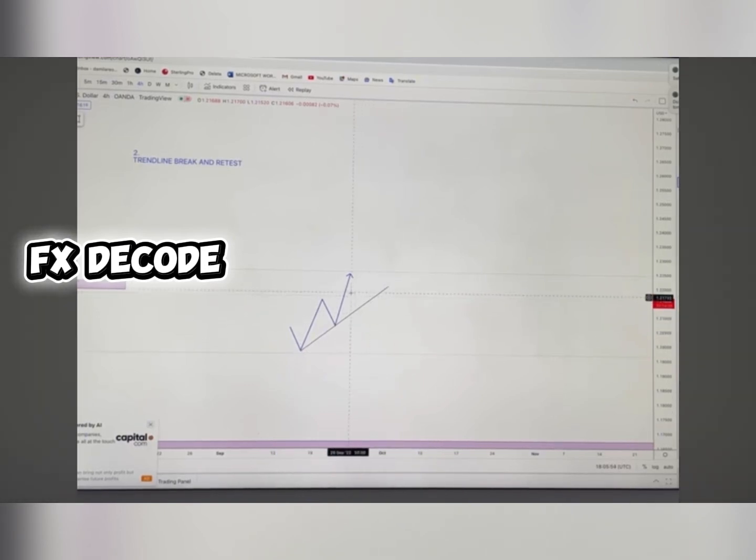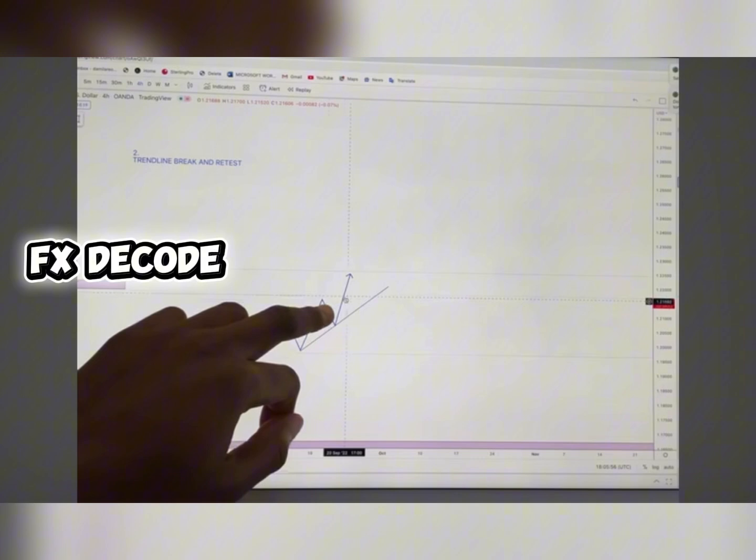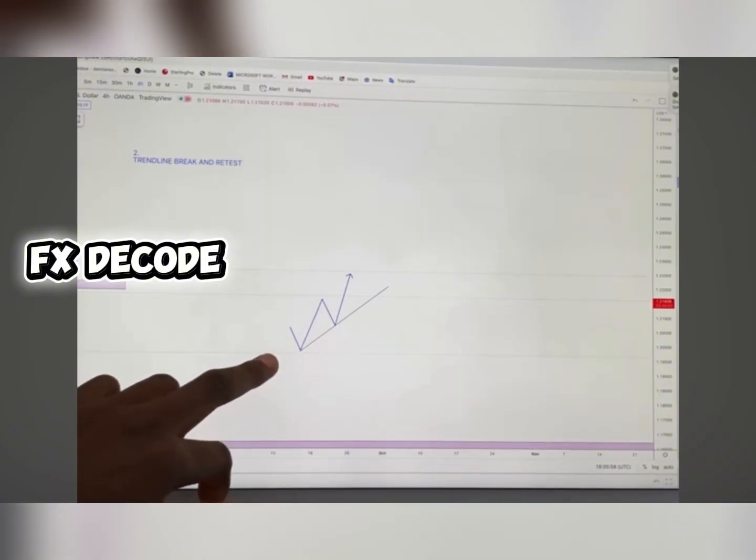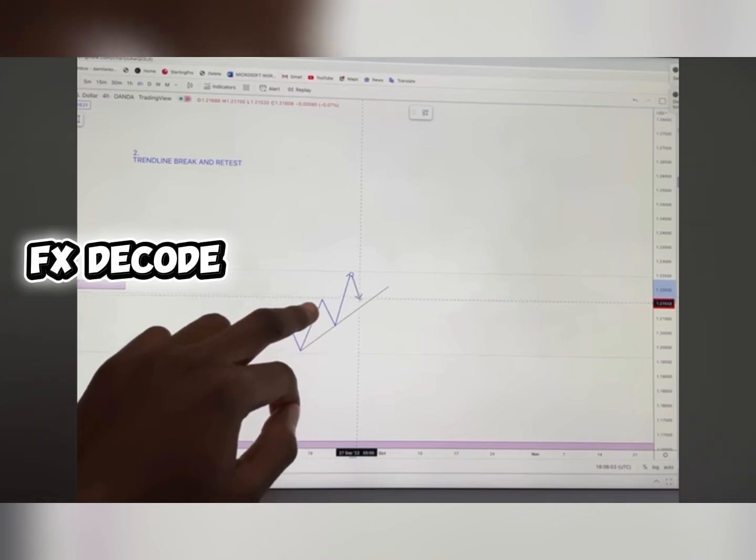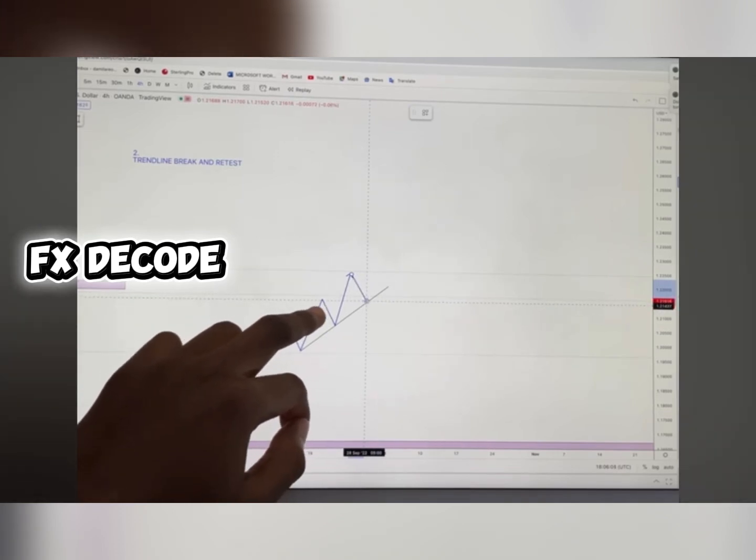On a normal basis, for a trend line break and retest, price is supposed to come back here and pull back up.